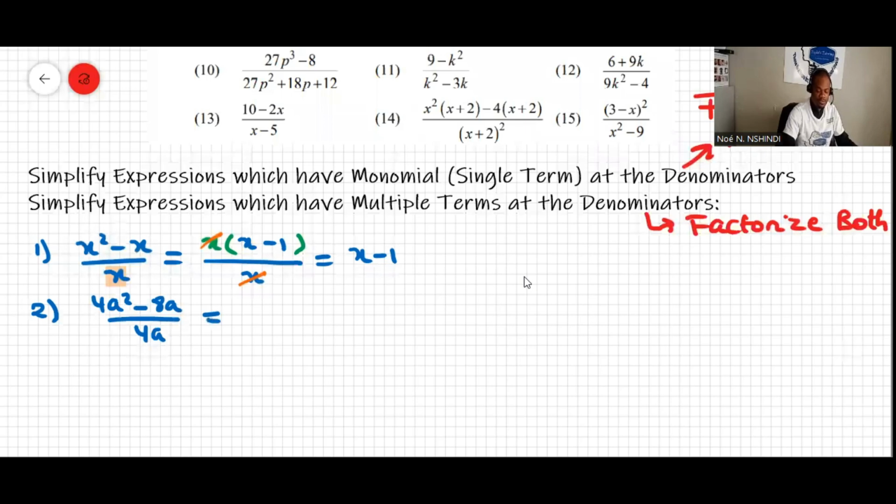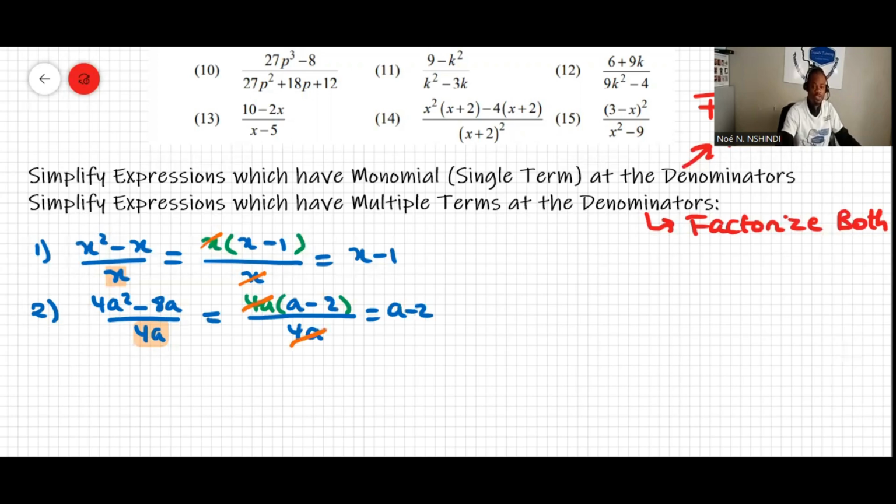Because there is only one term at the denominator, we are going to factorize the numerator and see what's the common factor of 4a squared minus 8a. It's 4a, in a bracket like that, and then at the denominator we have 4a. If I take 4a as a common factor, it's going to be a minus 2. Now we can simplify 4a and 4a, and the answer is just a minus 2.